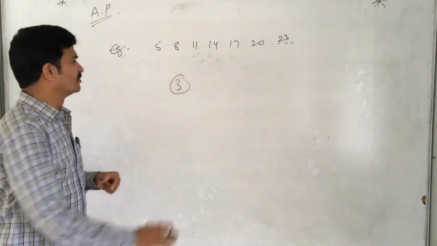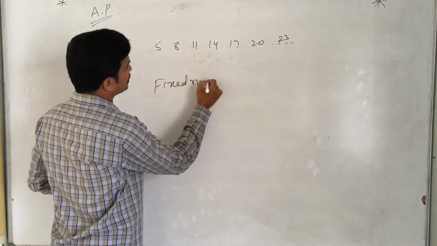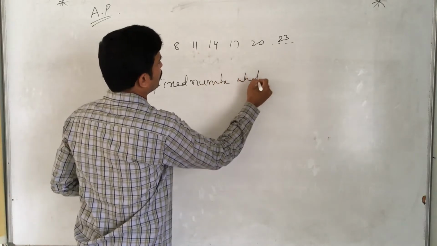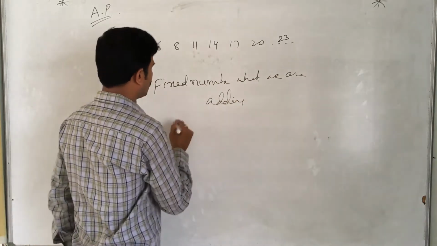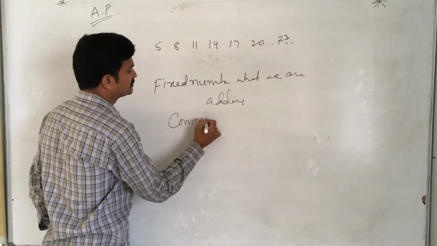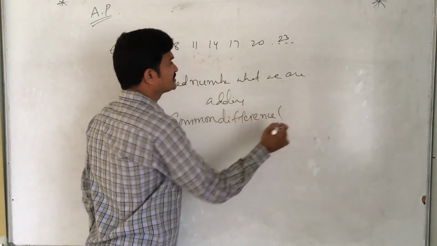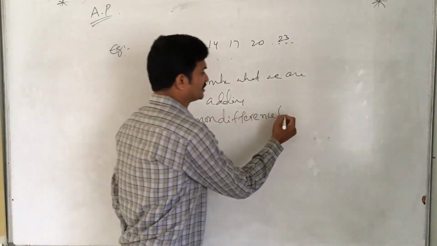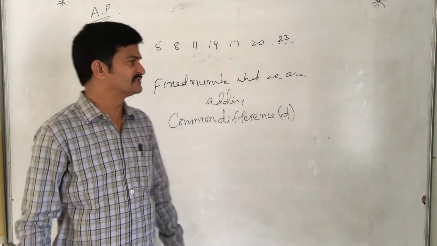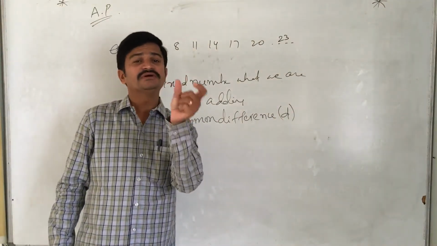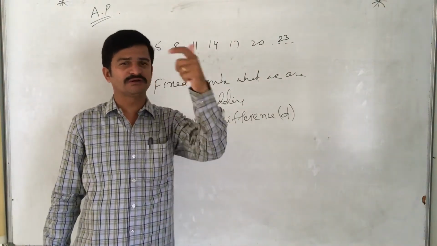This fixed number we are adding is called the common difference, and it is denoted by D. You get the common difference as the difference between any two consecutive terms of an AP.